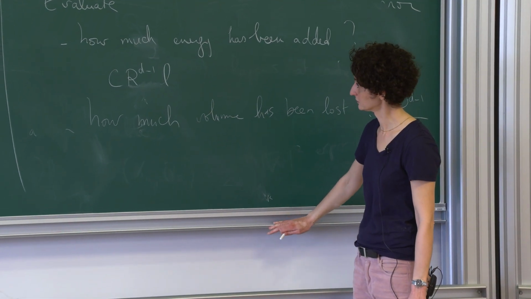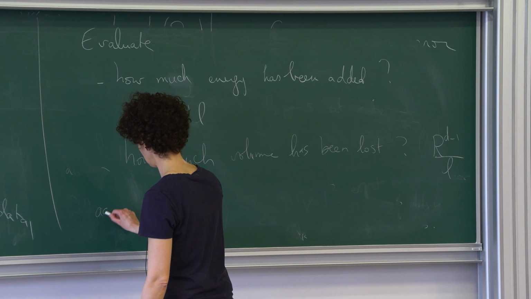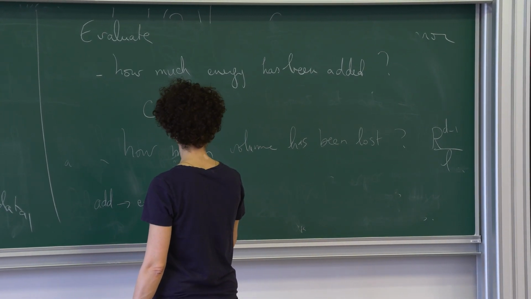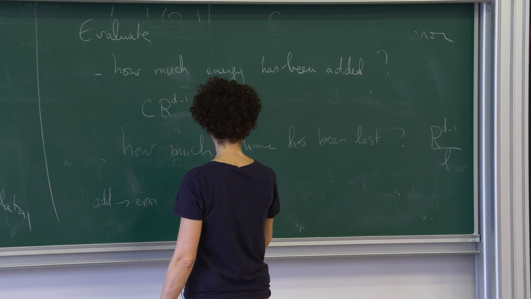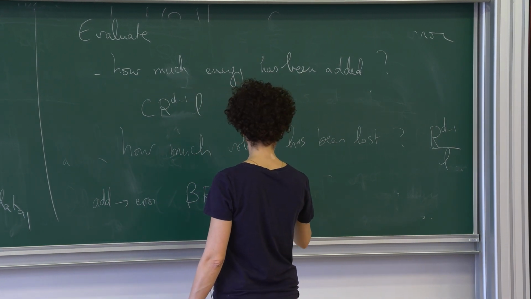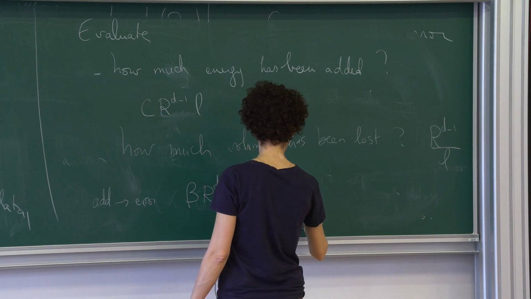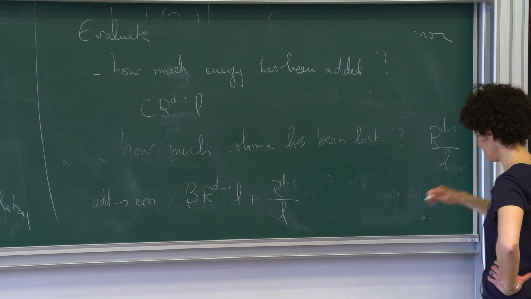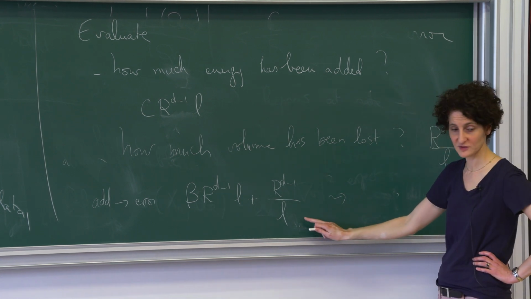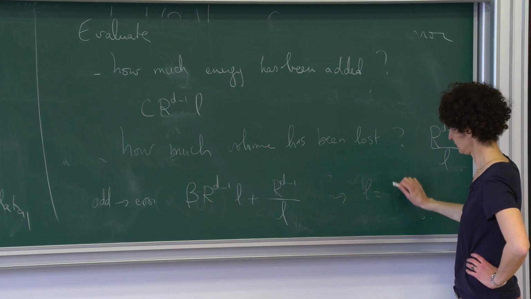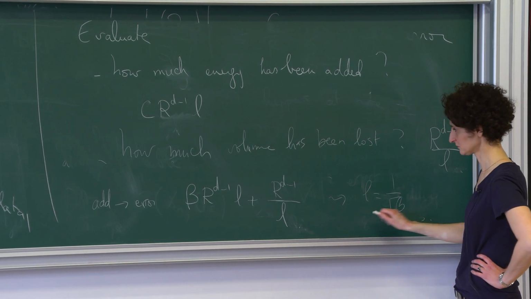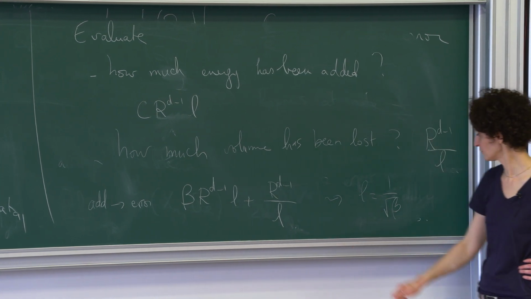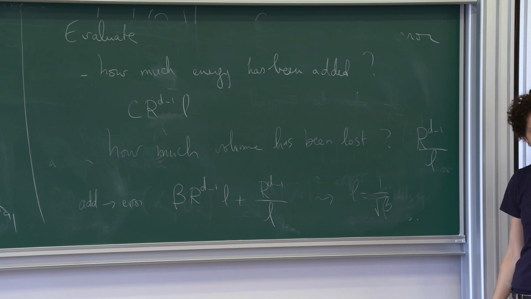Okay, so now, if you add, you see that you will make an error: beta R^(d-1) L plus R^(d-1) over L. And this indicates that there is a length scale 1 over square root beta, which is what you get when you make these two terms equal, where things saturate.